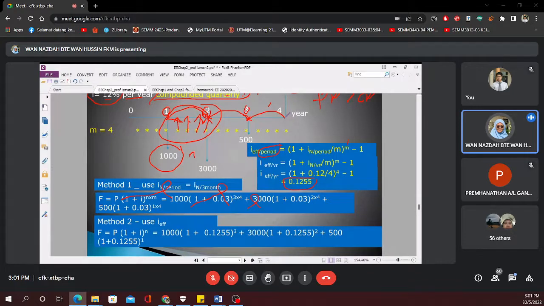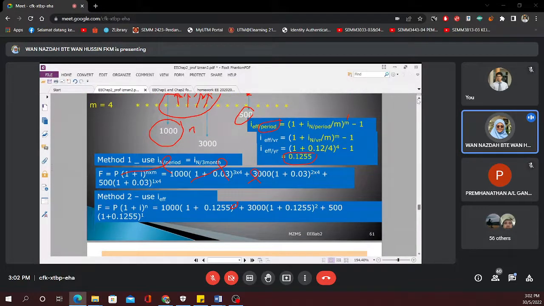So what is your N? 1, 2, 3. 3 lah. So for P equals to 3,000, so your I effective yang ni, and your N equals to 1, 2. For P equals to 500, your F equals to, okay, ni N adalah 1. Okay, boleh?